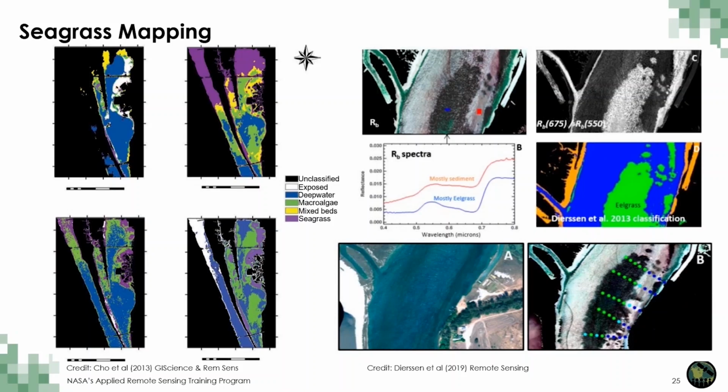The authors found that the HICO bands, particularly in between the 665 and 675 and 708 and 713 nanometers regions, can be used to distinguish seagrass from macroalgae, and proposed the use of two benthic classification methods, namely the slope red and the slope near infrared, for this purpose.